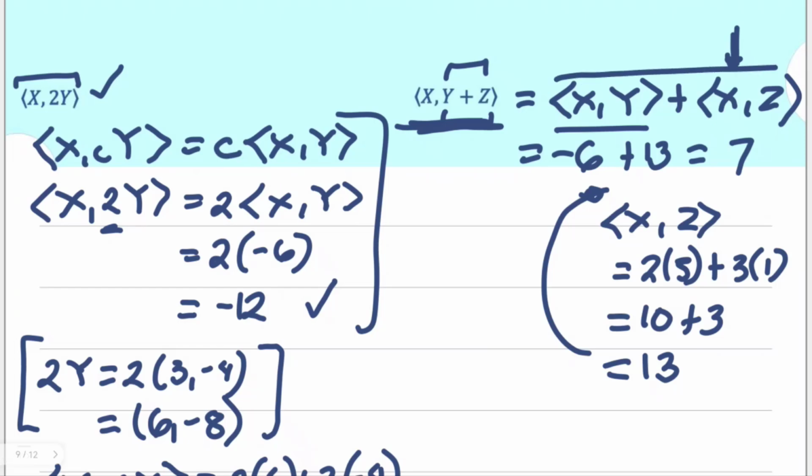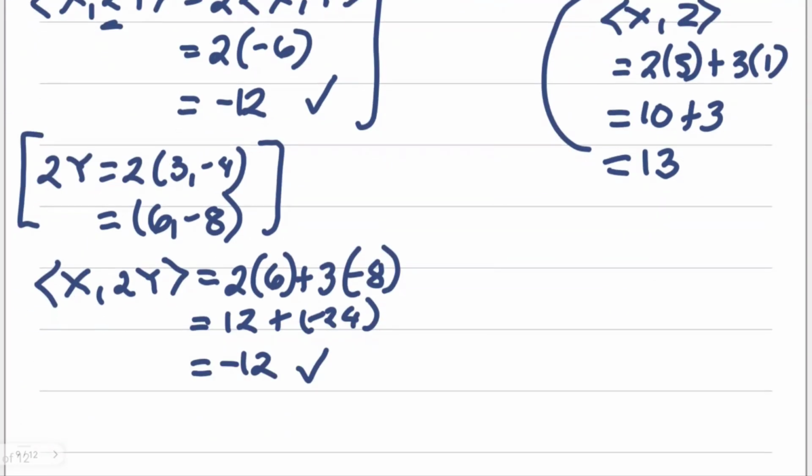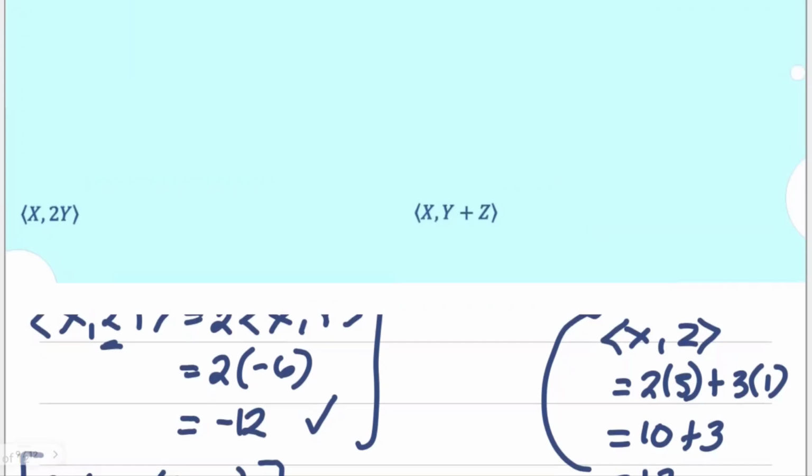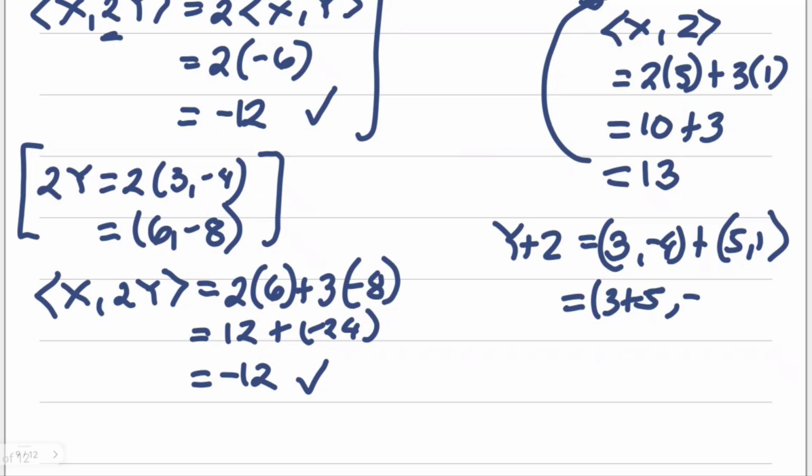Now, what if you would really want to use x and y plus z, to verify that you have the same result as 7? So, y plus z, the components of y are 3 and negative 4, plus z is 5 and 1. So when adding them, 3 plus 5, negative 4 plus 1, that's actually 8 and negative 3, right?